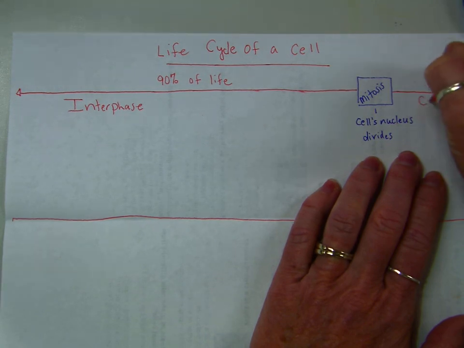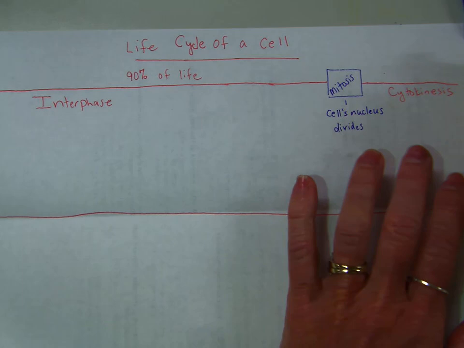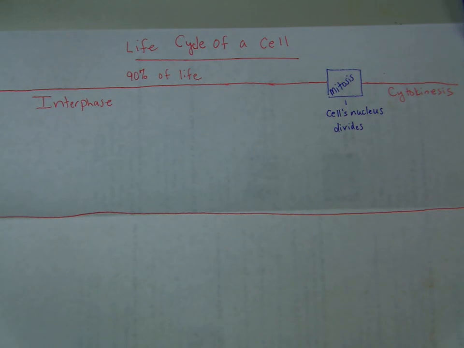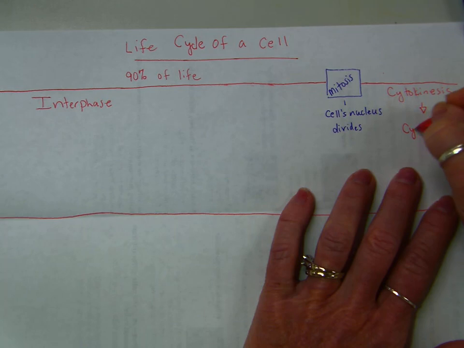And I'm going to write cytokinesis right here. I know these are a lot of new terms for us. You'll memorize them. By the end of the week, you'll understand what all of these things are. What happens during cytokinesis is when the cytoplasm divides, and it's just a small portion of the cell's life too.